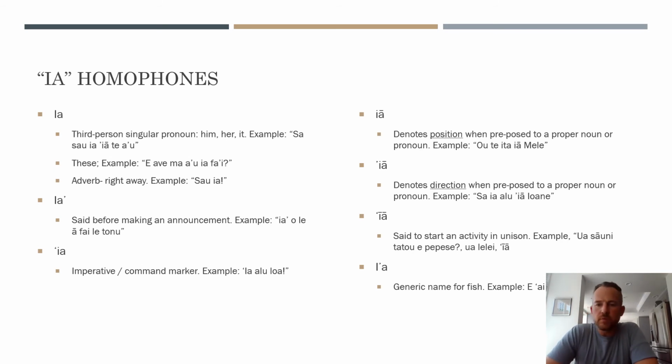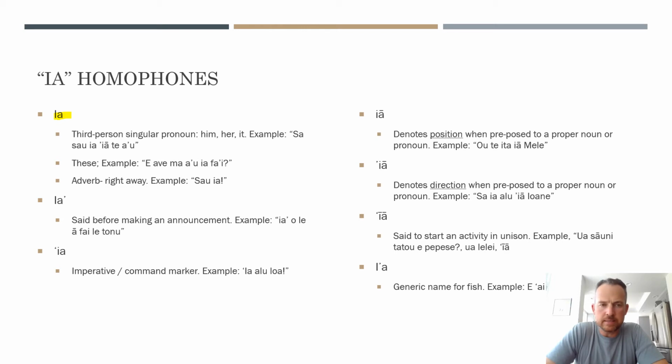All right, so now we're moving on to the IA homophones, and you can see here that we've got 7 different ways that just the letters I and A can be pronounced, differentiated only by glottal stops and macrons. We'll start up here in the top left with ia, no glottals, no macrons, and this has 3 different meanings.